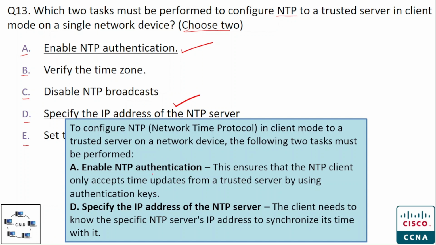Number one, enable NTP authentication. This ensures that the NTP client only accepts time updates from a trusted server by using authentication keys. And the second is to specify the IP address of the NTP server. The client needs to know the specific NTP server's IP address to synchronize its time with it.